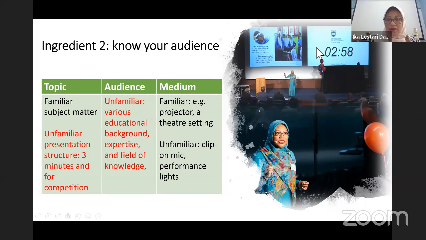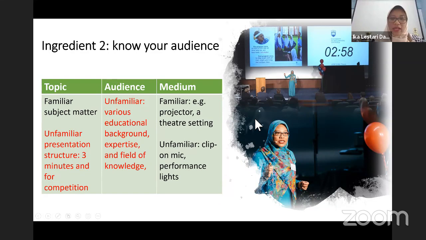As you can see here, they display the time, so I was fully aware that as I presented, the time went by. If I didn't want to be disqualified, I needed to finish everything, from setting up the background up to the conclusion or at least the findings of my research, in just 3 minutes. If not, I would be disqualified. So it was quite terrifying for me at the time.